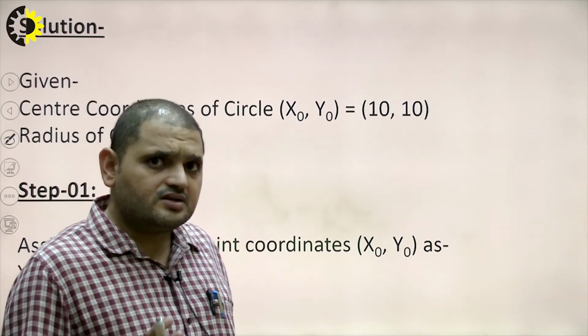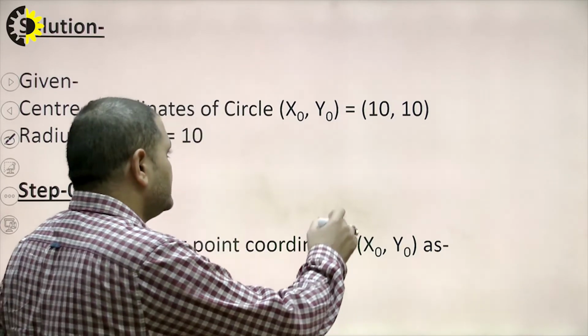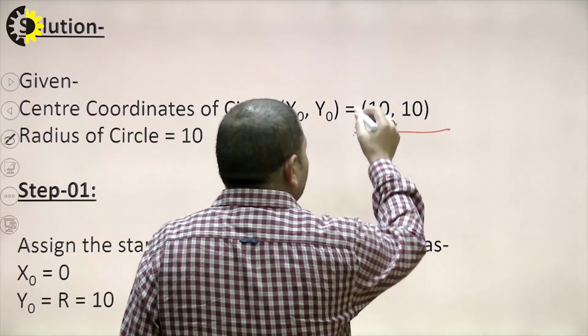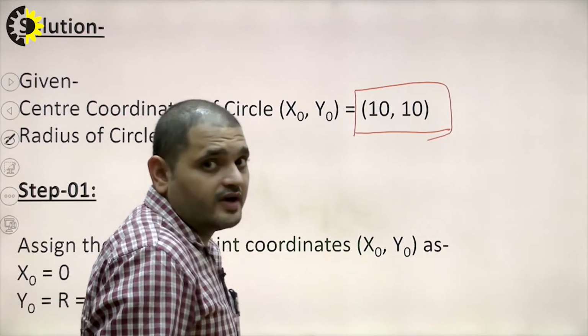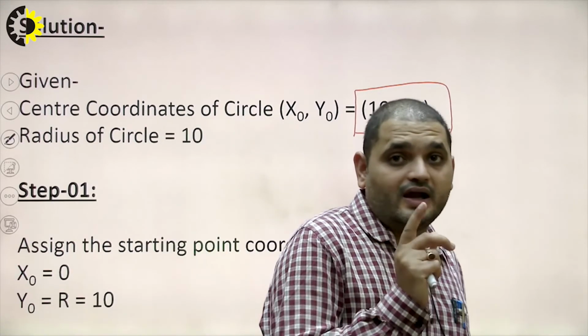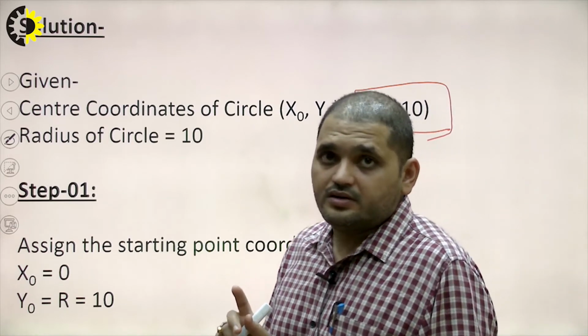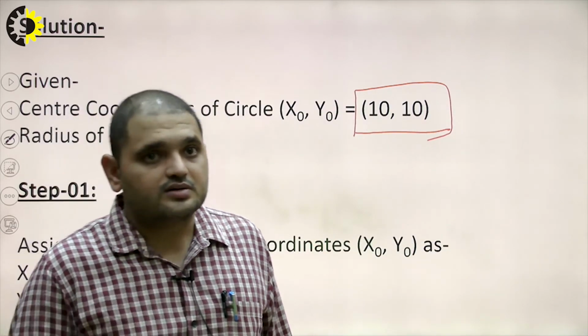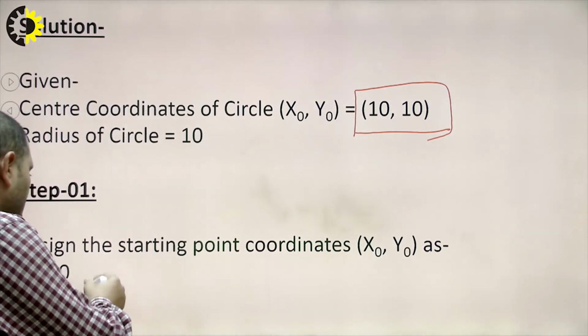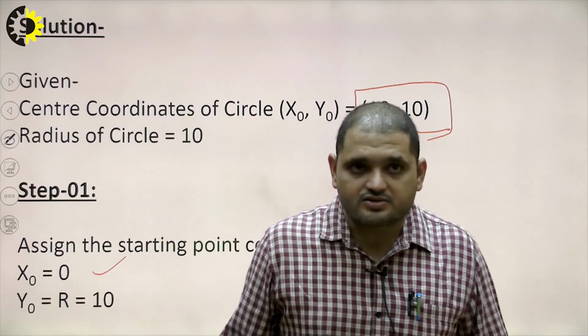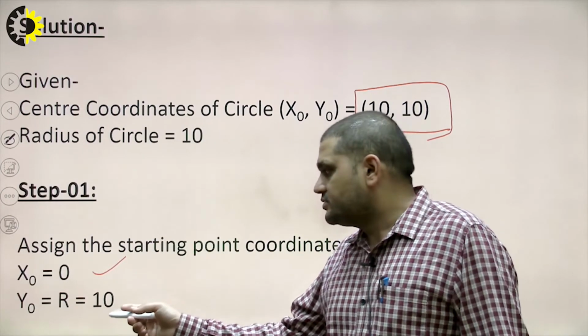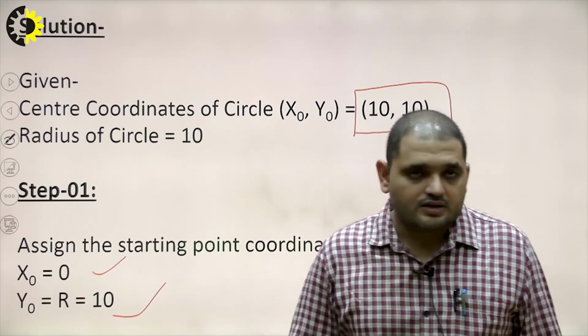We will just ignore this 10, 10 right now, but when we finalize the values, we will add these coordinates 10, 10 to each and every point to get the actual point. So we consider x naught equals 0, y naught equals r equals 10.